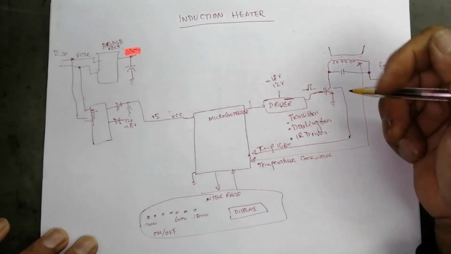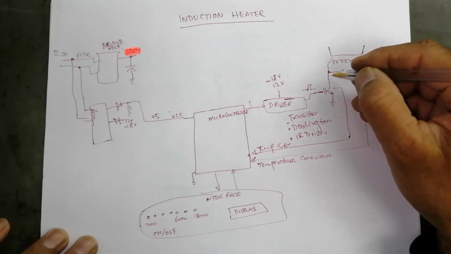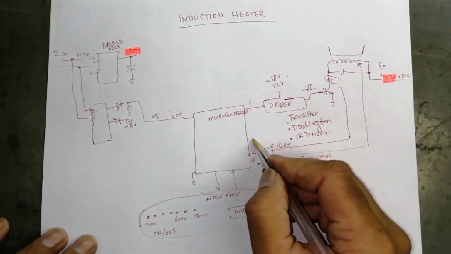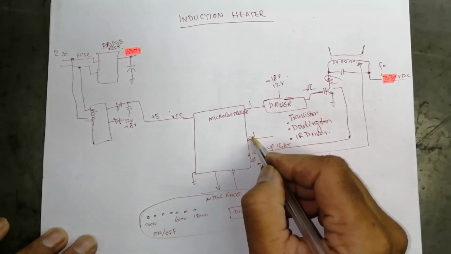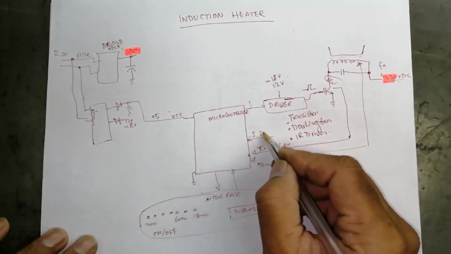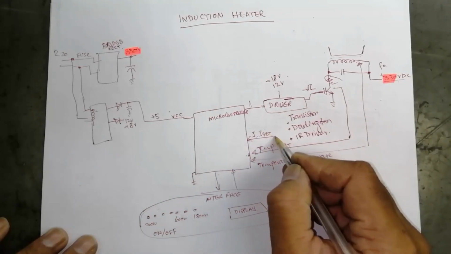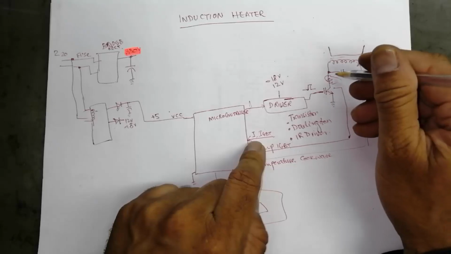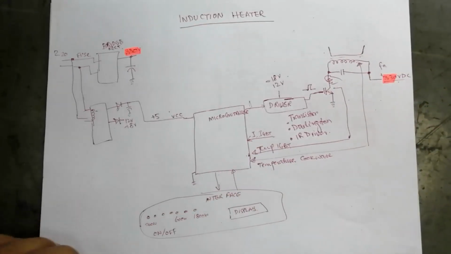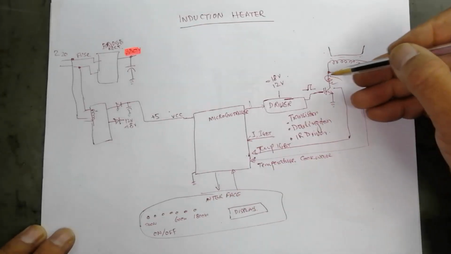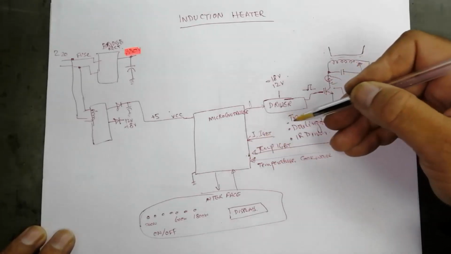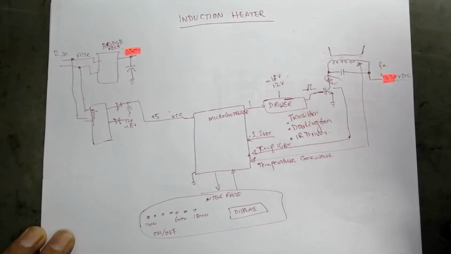Okay, then some systems use a current probe here, a current sensor. So the IGBT, it will sense the current of the IGBT. It depends upon the safeties, how the designer is designing.